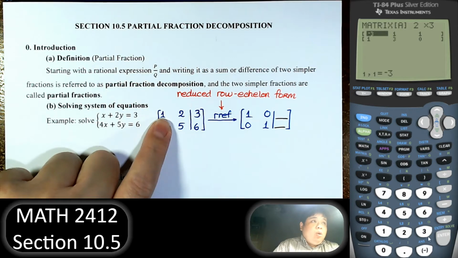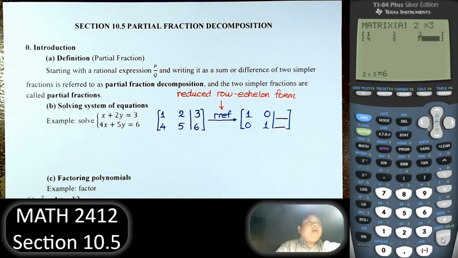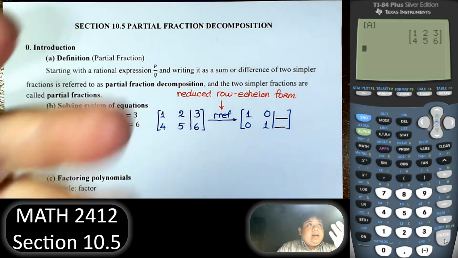We enter the coefficients and the numbers. Once we're done, hit second quit, and then hit second matrix again. Under names, you see that's a 2 by 3 matrix. If we hit enter, we will recall the matrix, and that's what we have.